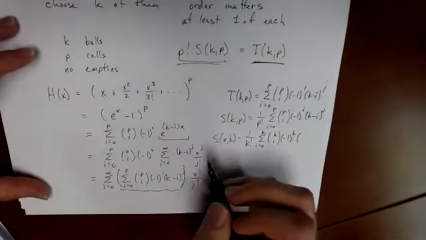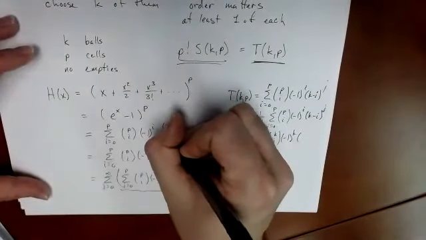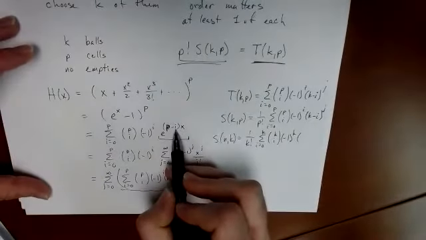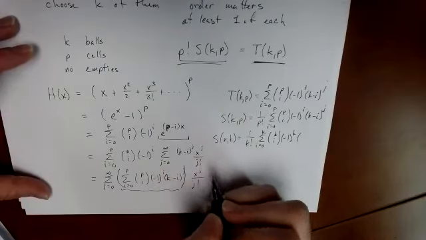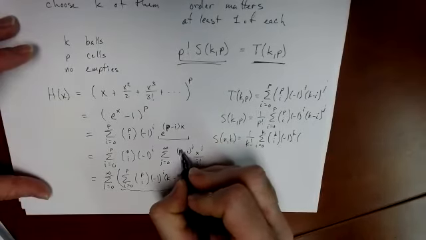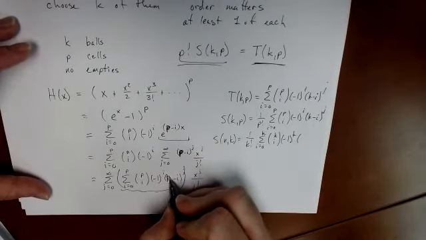I'm sorry, my notes have different letters in them, and I was reading those letters. This should be a p minus i right here. So that should be a p minus i all throughout.